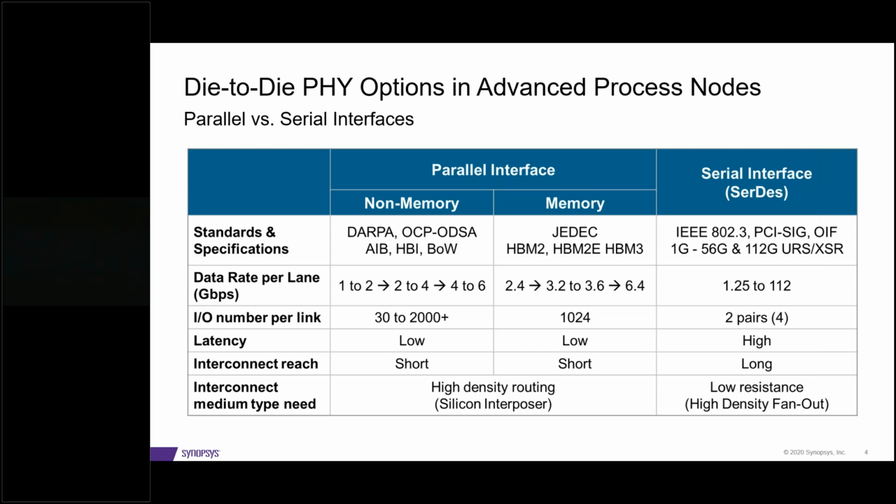Go for it. Yeah, just for a clarification, on the serial, obviously latency is high and interconnect reach is long. But if we decided to do extra short reach, which is not long reach, and we can turn off other DSP features because the link is so short on a transceiver, could the latency be low and the interconnect reach be short?